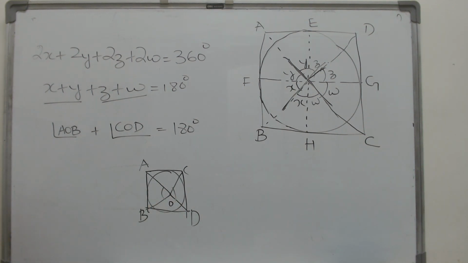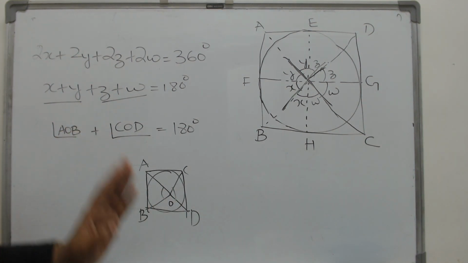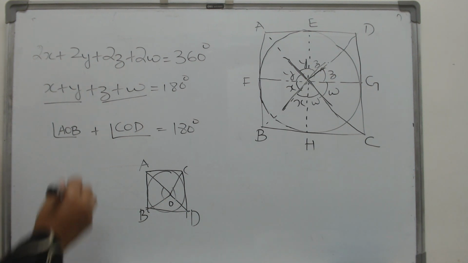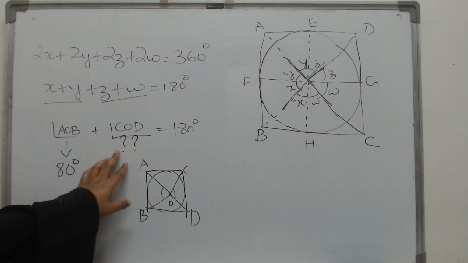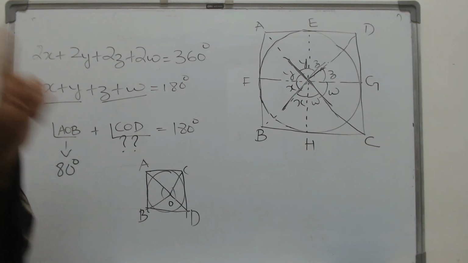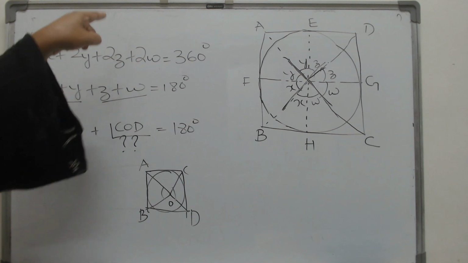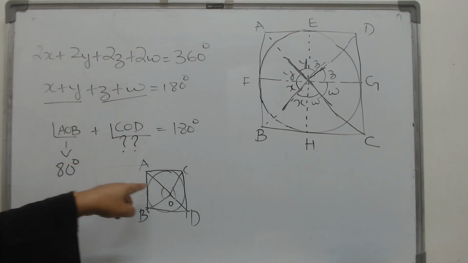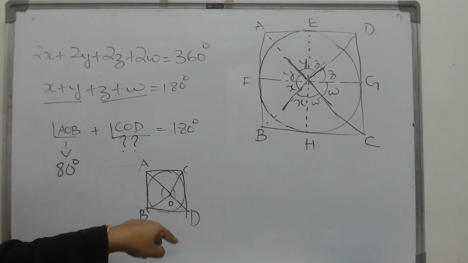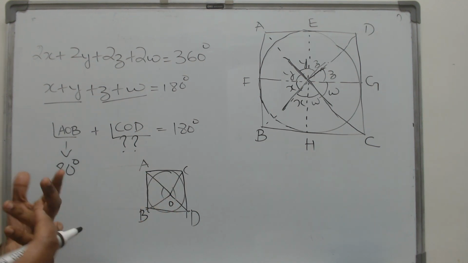They add up to 180 degrees. If in the same question you are asked that AOB is say 80 degrees and then what is COD, then remember this question. You have to start by writing the whole proof. You have to prove that these two angles are supplementary. So do not forget what the end result is.